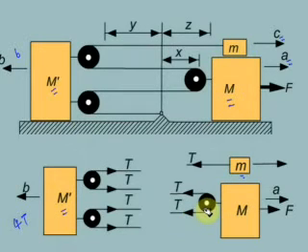So now we can write the equations of motion for these three blocks. First we'll take the small block of mass small m.